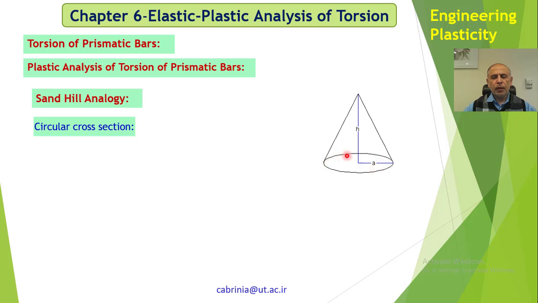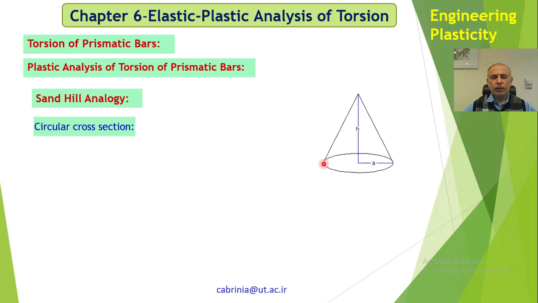some volume of sand and you pour it on the cross section, this cross section you can inscribe it on anything, on a cardboard or anything, and put some base underneath and pour the sand on the cross section.